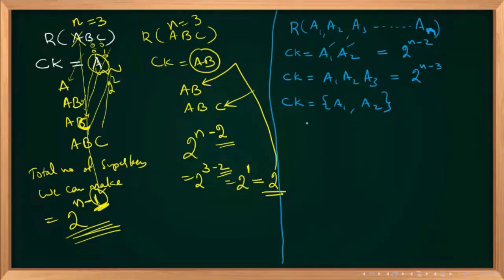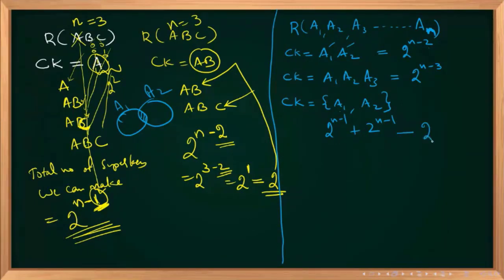What is that? Generalized. With the A1, how many candidate keys can you make? That intersection thing you can remember. With A1, how many? With A2, how many? And minus the intersection. So 2 power n minus 1 plus 2 power n minus 1 minus what?